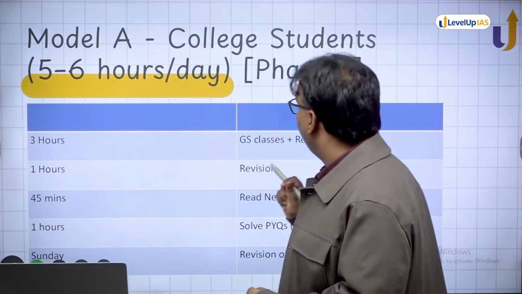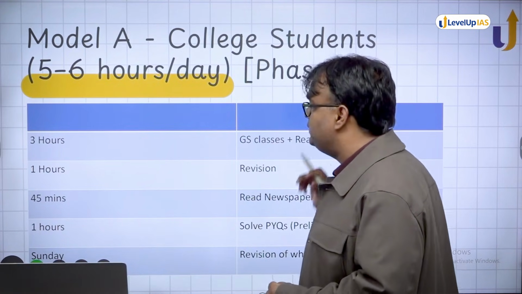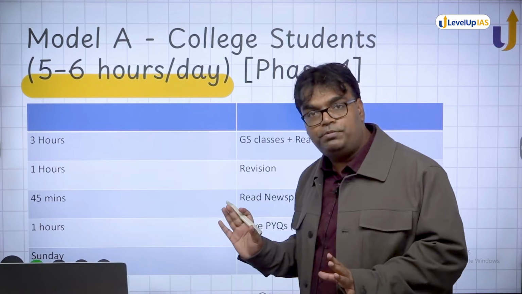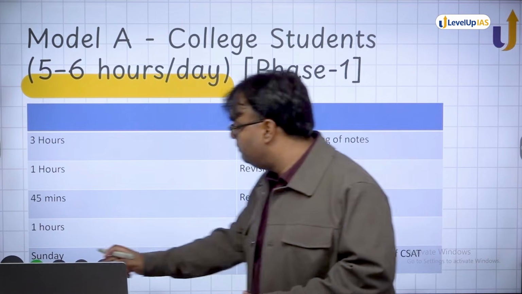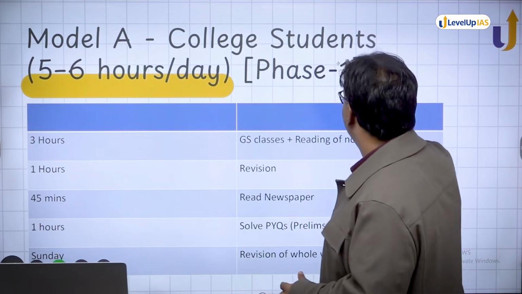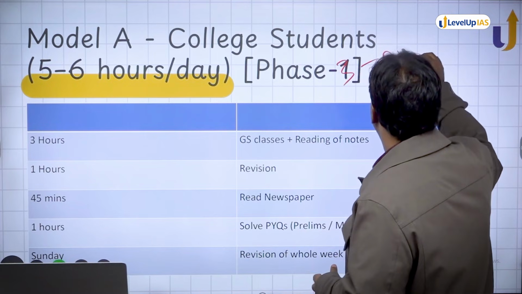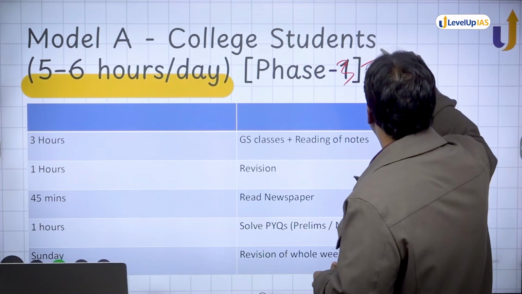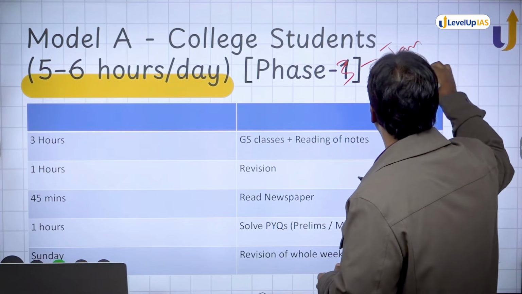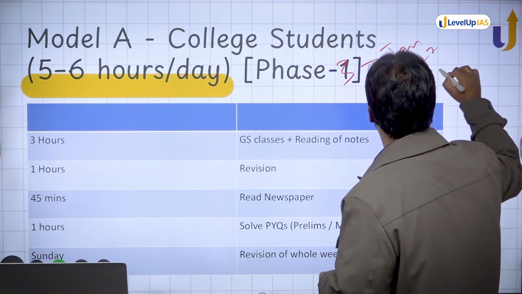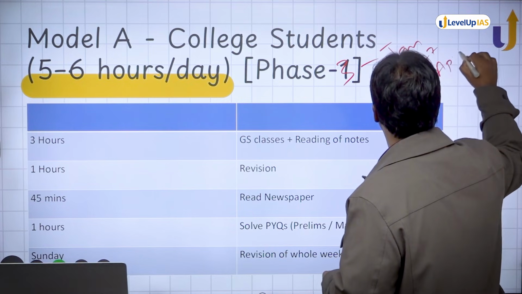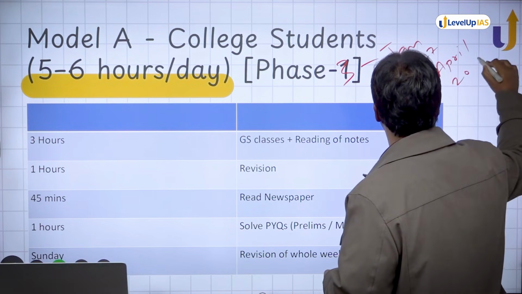Okay, now after this comes phase 3. Phase 3 में हम पूरा prelims पे focus कर रहे थे. That will be phase 3, from January 2027 to April 2027.